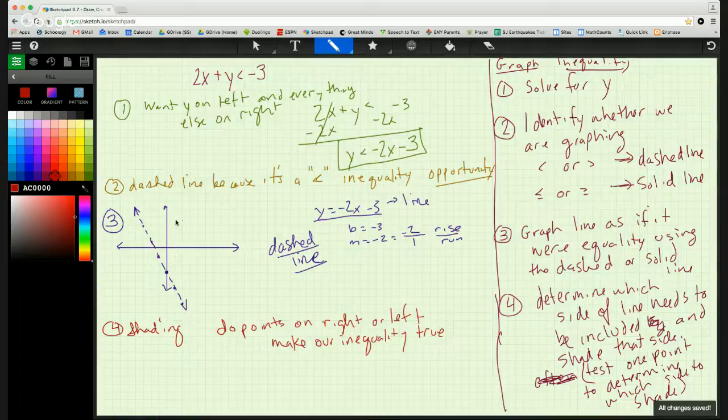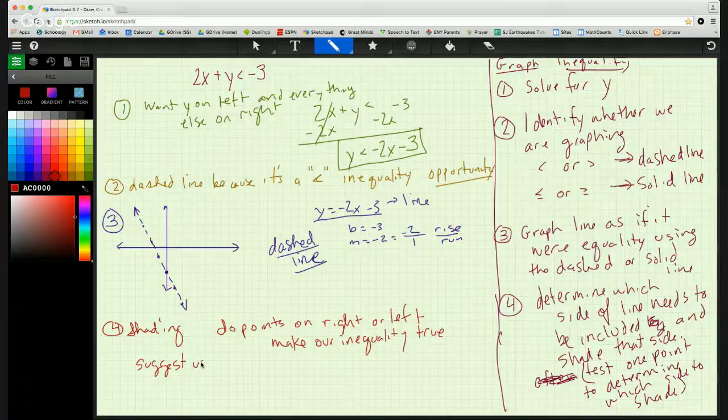If we find any point over here on the right that makes it true, then we know that we're shading over here. However, if we find a point on the left side that makes it true, then we're going to shade everything on this side. Because if one point on one side works, then every point on that side will work.